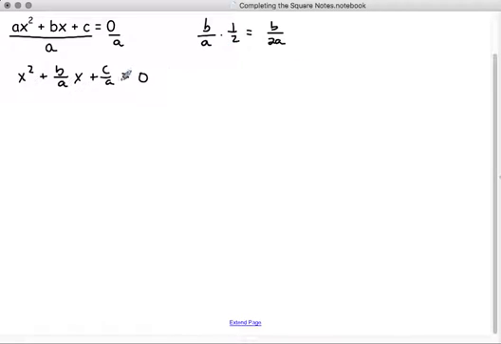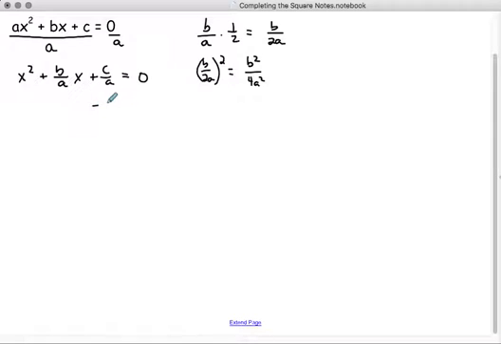That's half of my linear term. Then I need to square that to find out what I wish my constant were to get my completed square. So I take b over 2a and square it, and that's b squared over 4a squared. I'm going to use these terms to complete the square.